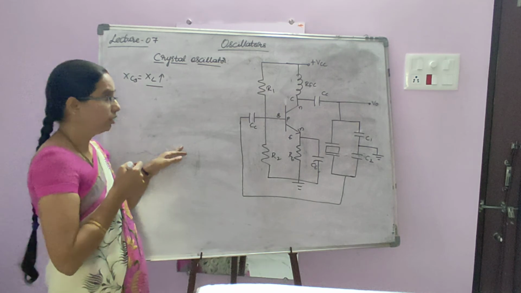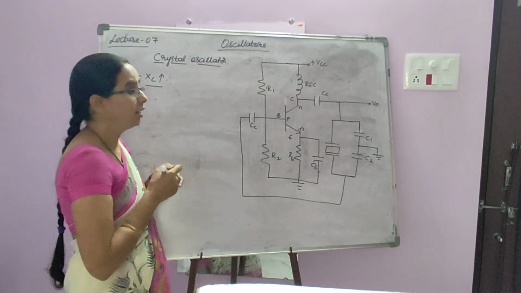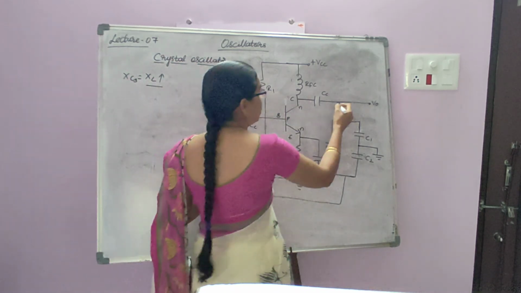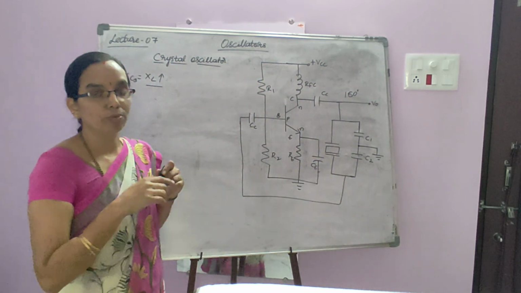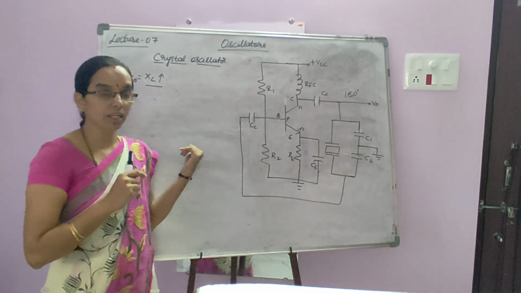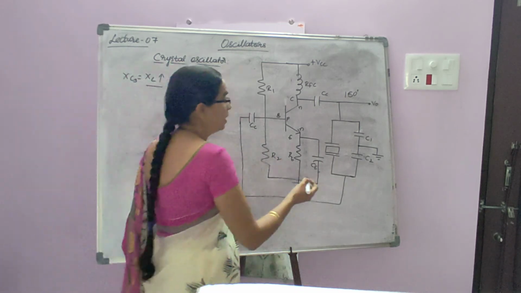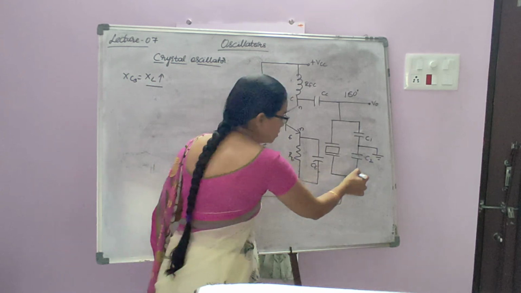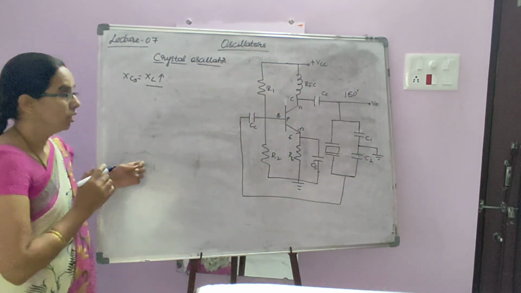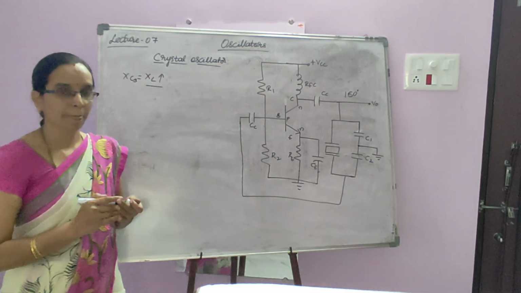So here the 180 degree phase shift is produced by the amplifier, that is it's a CE amplifier, where the output is 180 degrees out of phase from the input, and another 180 degrees is provided by the voltage across C2 in the feedback network. Okay.